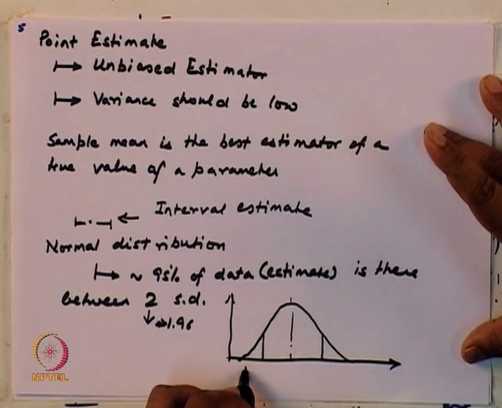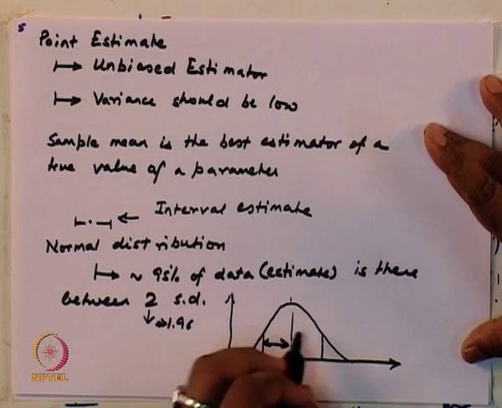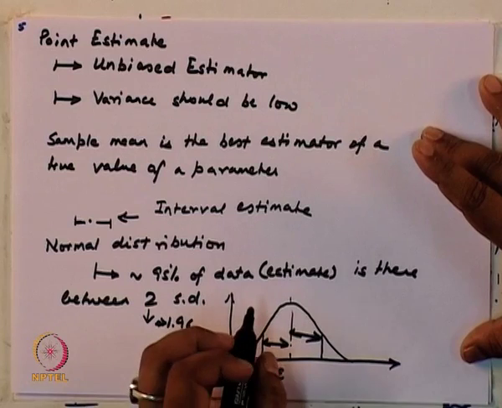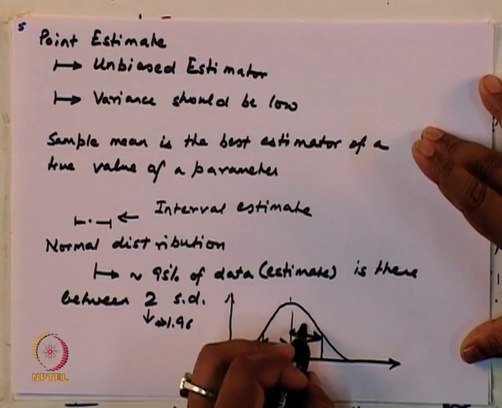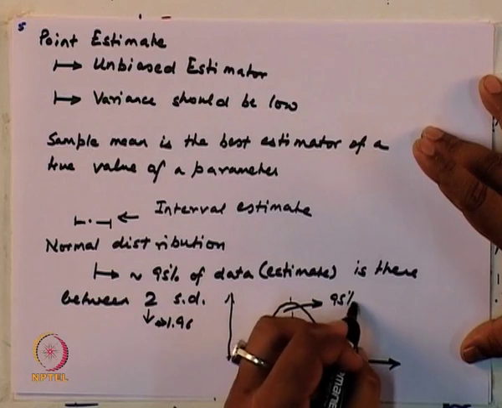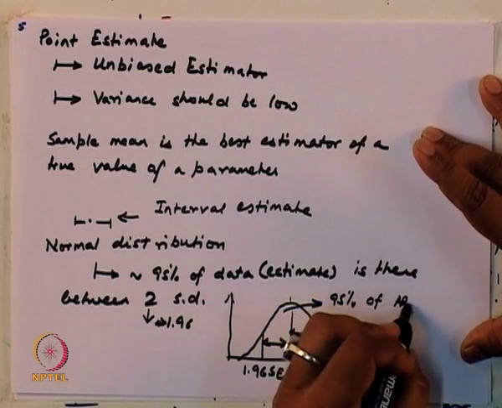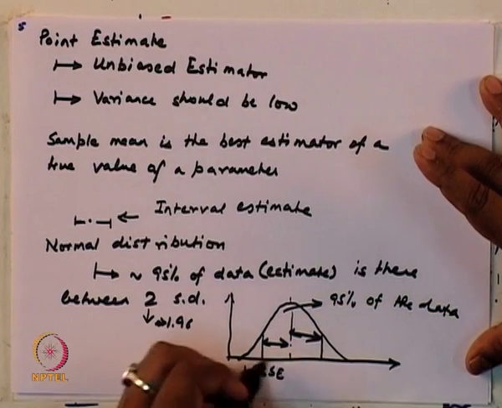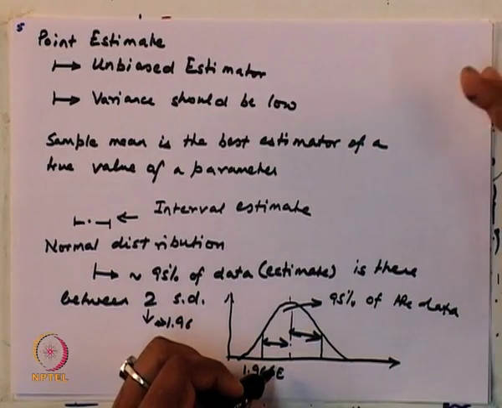This is 1.96 times SE, and both this and this are 1.96 times SE. This total area covers 95% of the data, which means that the probability that any estimate falls within this range is 95%.